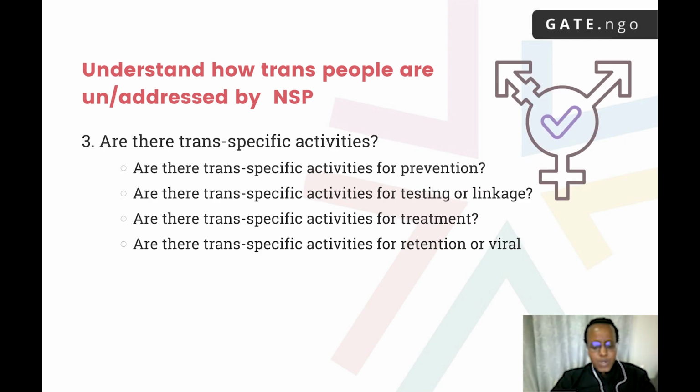The next thing we'll be talking about briefly is trans-specific activities. So here we are, again, I suppose, looking for two things. Yes, that there are trans-specific activities for prevention, testing, treatment, retention, but also whether those activities are appropriate.